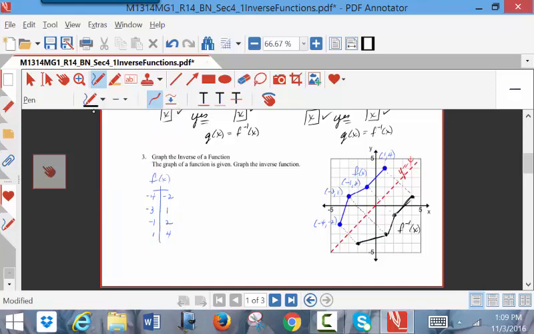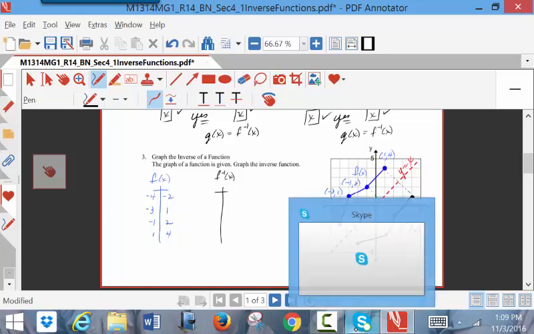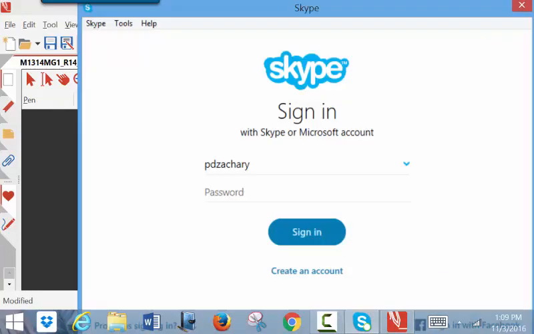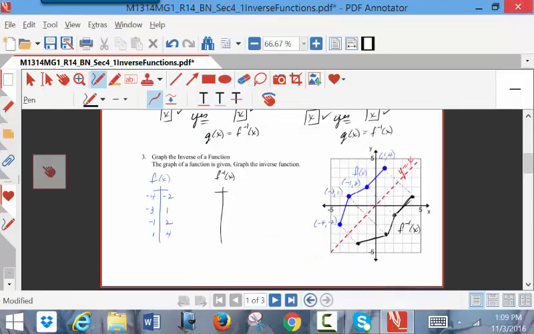Okay, what about that inverse that I graphed? Let's take a look at its ordered points. This lowest point here, if I name it, it is (-2, -4).